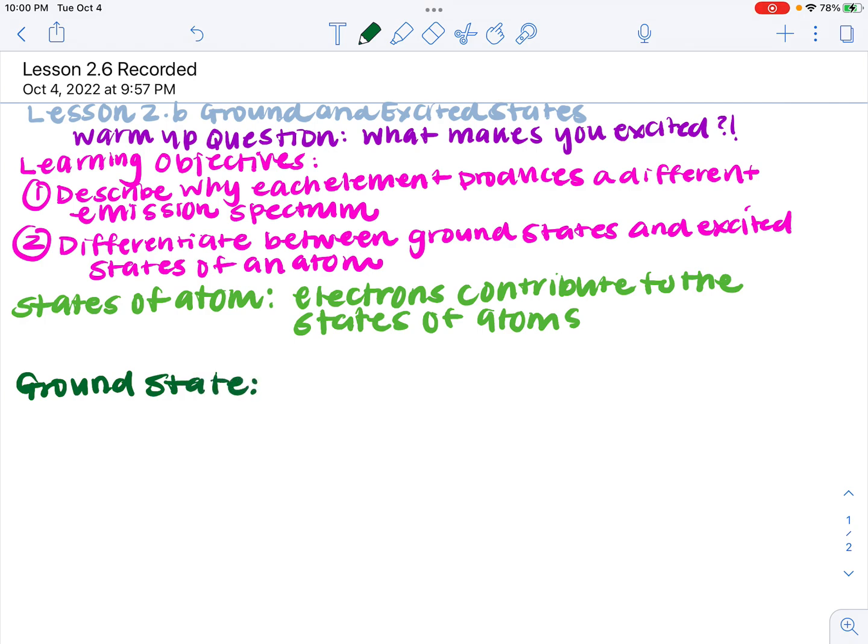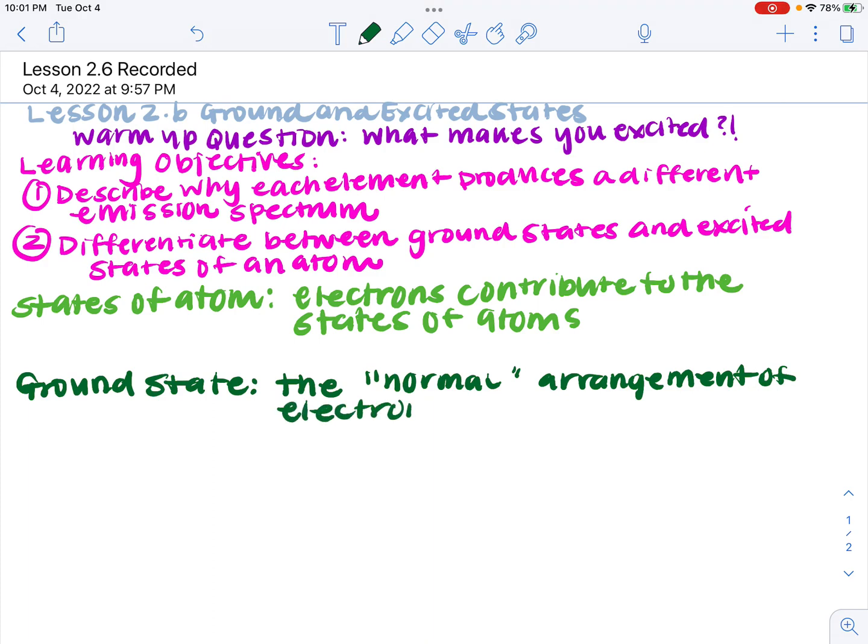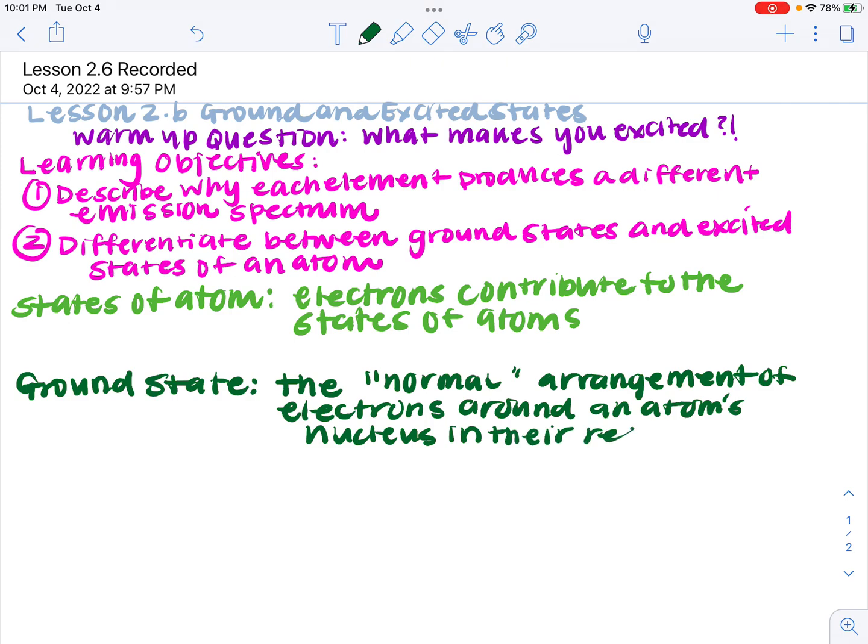So a ground state is, for lack of a better word, the normal arrangement of electrons around an atom's nucleus, and really important, in their respective energy levels.